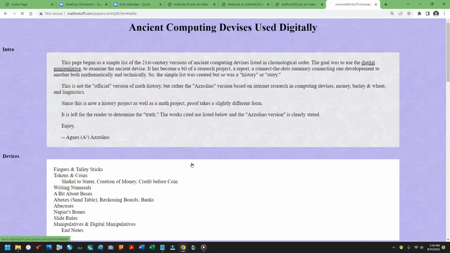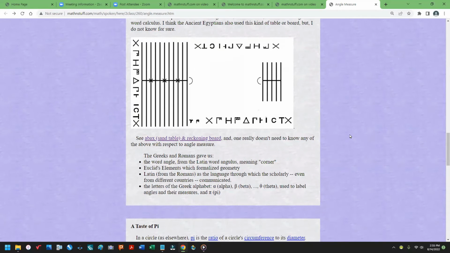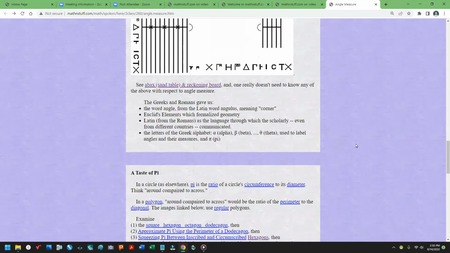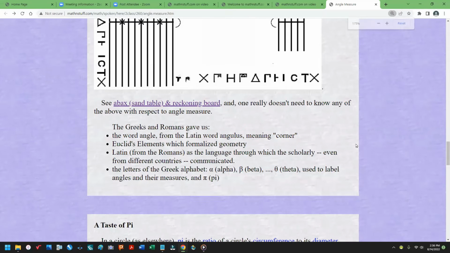Here's information if you wish to know more about counting boards.